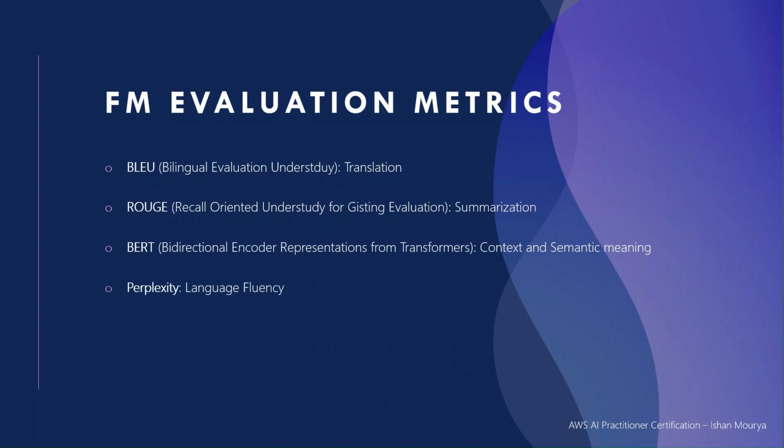The next one is perplexity. Perplexity talks about the language fluency of your model. It's how much language it knows, how much grammar it knows about that language. If it knows good grammar, it would be able to predict the next words more easily, right?